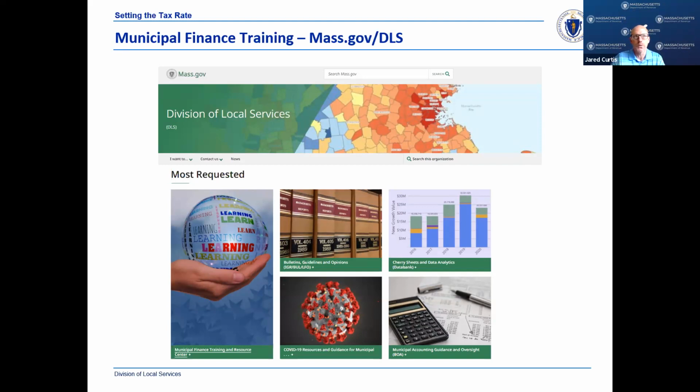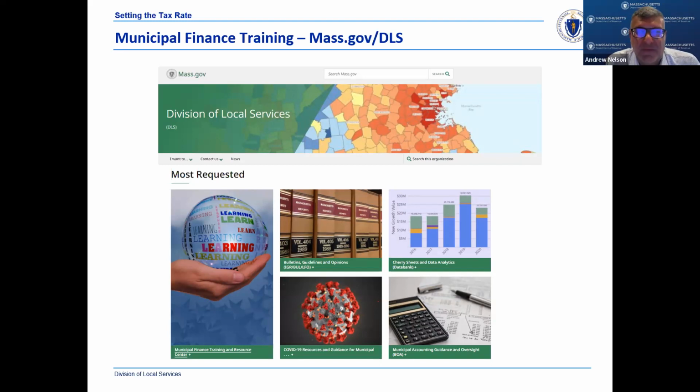We recommend that when a community has their town meeting, and it's been voted on, and the minutes and the motions are certified, to go ahead and fill out page 4 of the tax rate recap. We would recommend that as well for a city. Once the city council votes on their budget, and it's been approved and adopted, we would recommend that the city clerk do the same thing, go in, and fill out page 4 of the tax rate recap.